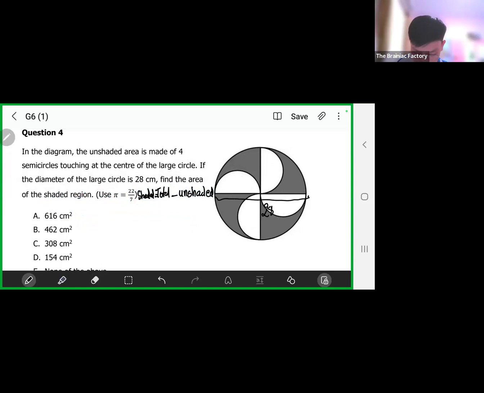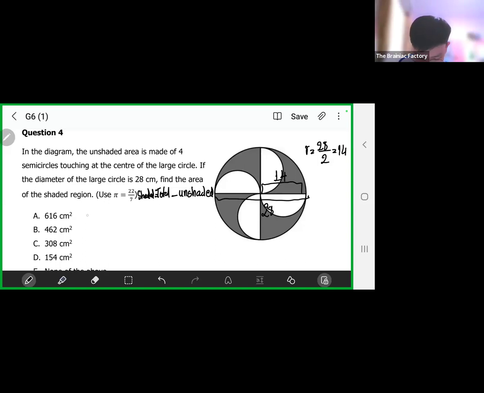So the radius of the large circle is equal to 28 divided by 2, which gives us 14. So here is 14. We can now find the area of the total.